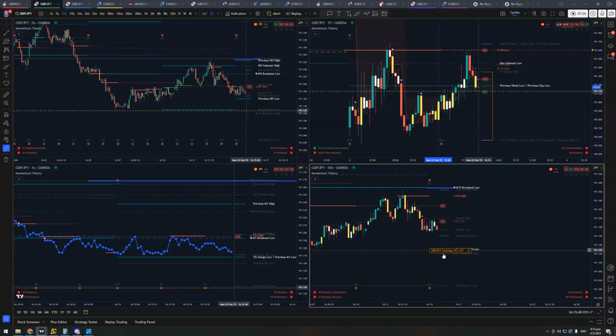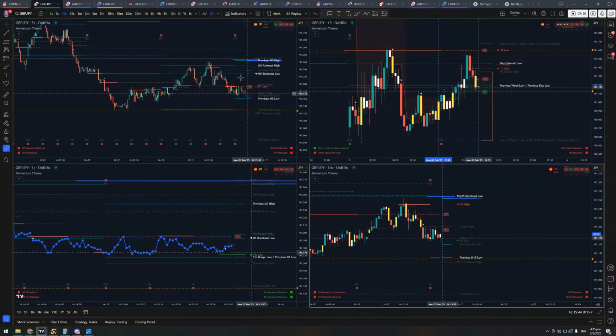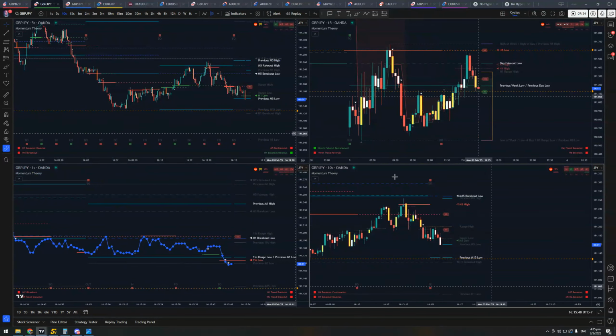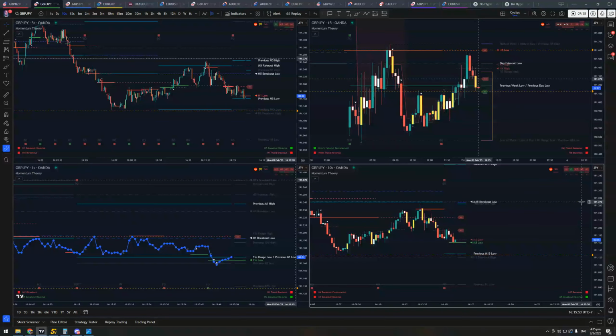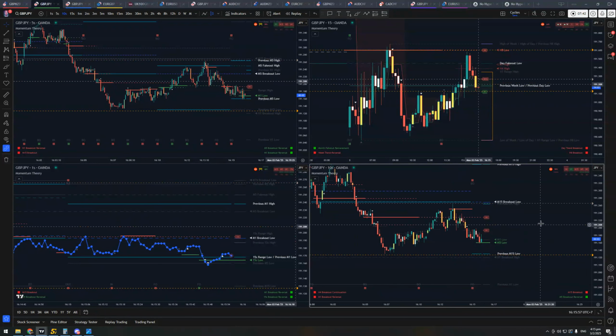So either I'm looking for a breakout down below here or a fake out of the M5 high to take this back down. So my trade's either going to be up at this point or at the bottom.